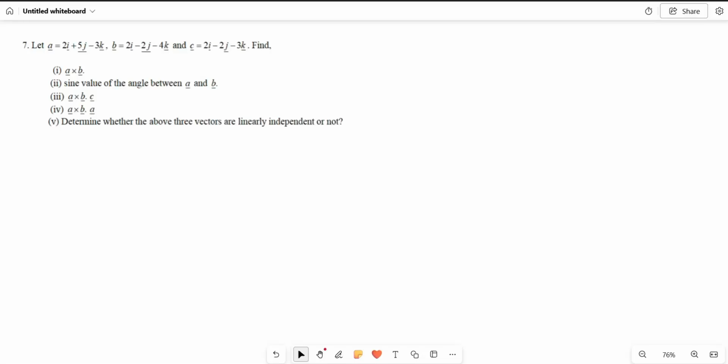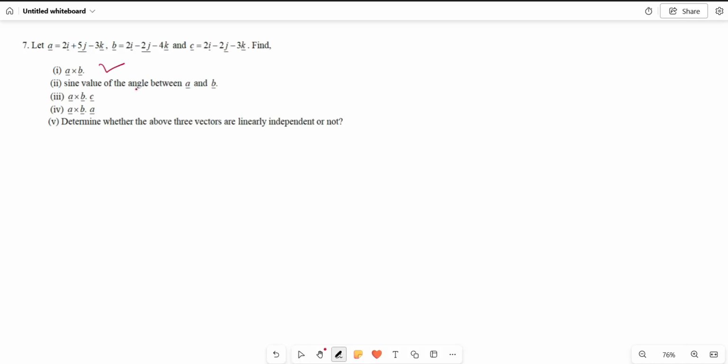Hello guys, we'll move to question number 7, and this question is pretty close to question number 6, but there is a slight difference as well. Here also there are 3D vectors available. There are 3 vectors in 3D, and here they are asking about the cross product in the first part.